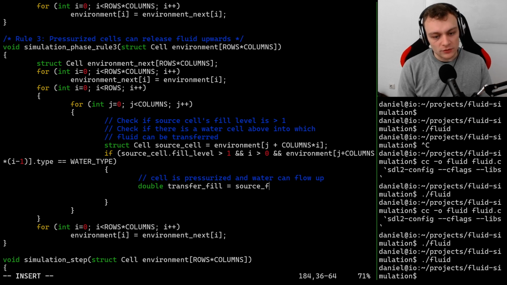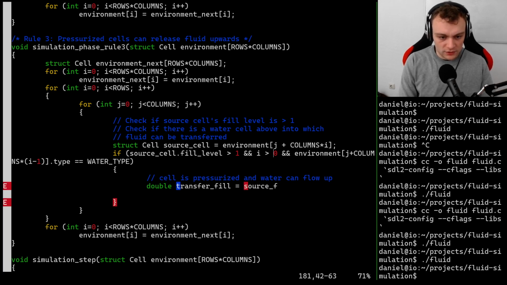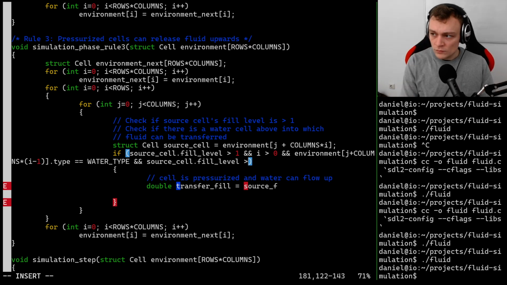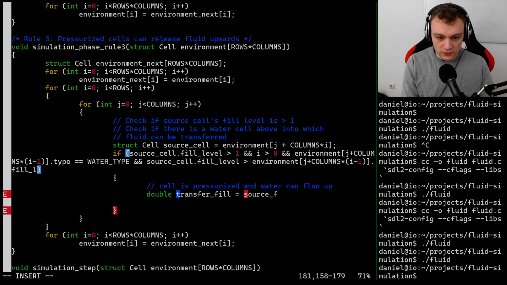Maybe the cell above should also have less liquid than the cell below. That is something we should check for, I think. And source cell dot fill level must be bigger than the destination cell fill level, environment J plus columns multiplied by I minus 1 dot fill level.